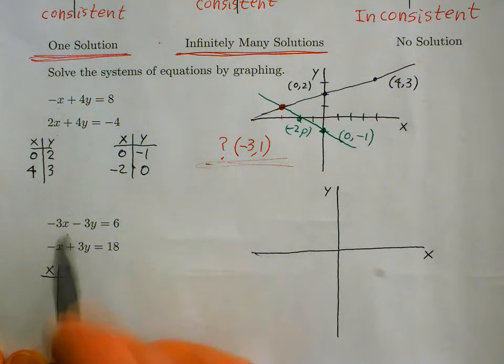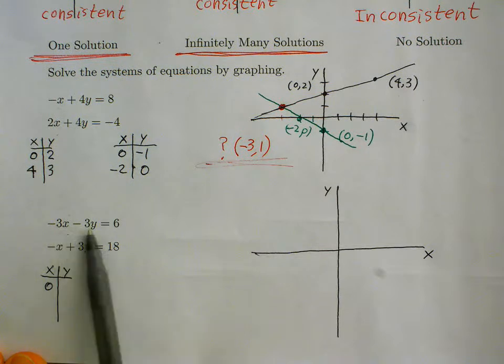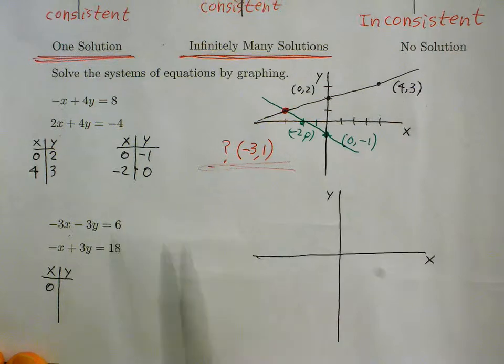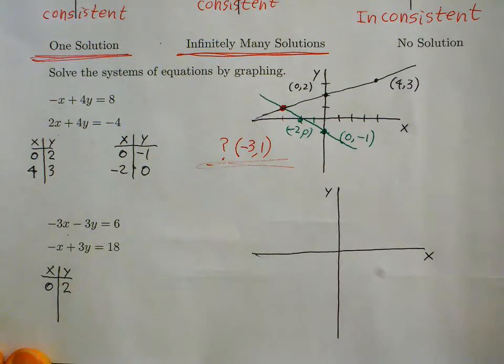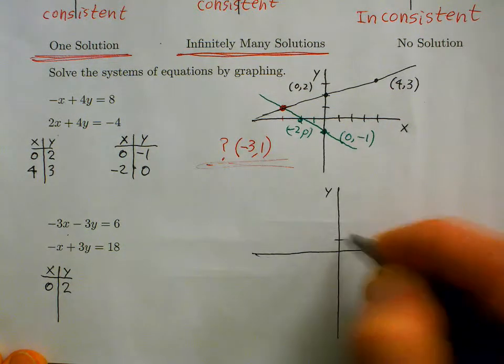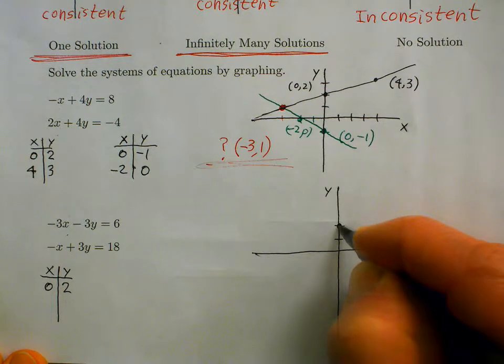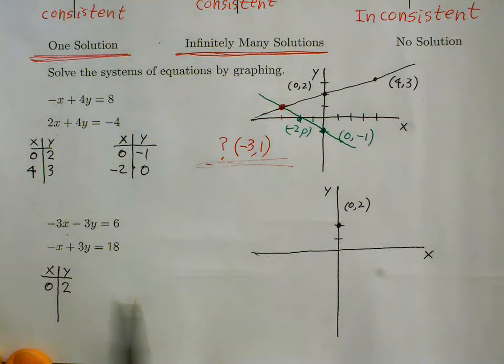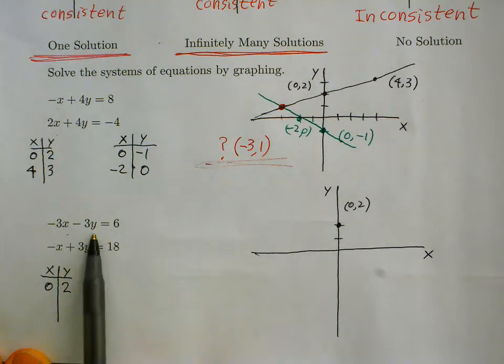So if I pick x to be 0, then we're left with -3y equals 6. Divide both sides by -3. I get 0, 2 for a point.